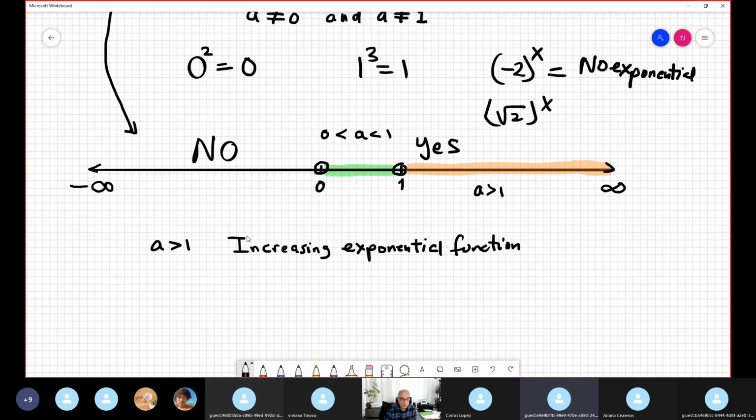However, if you have A in between 0 and 1, we have a decreasing exponential function.